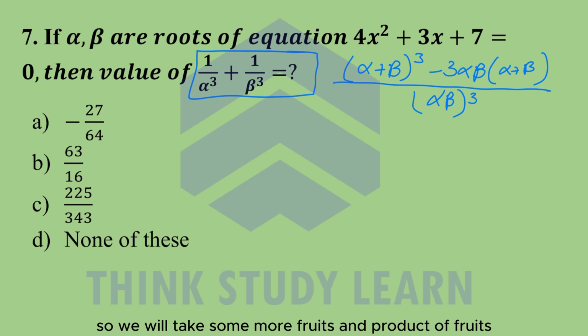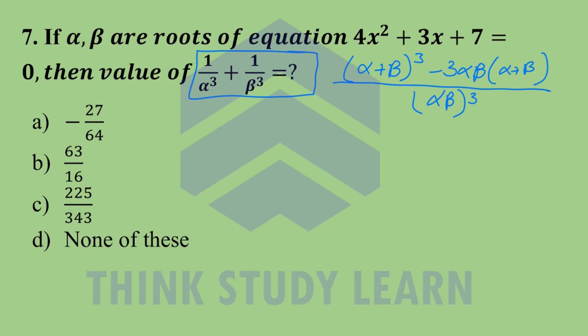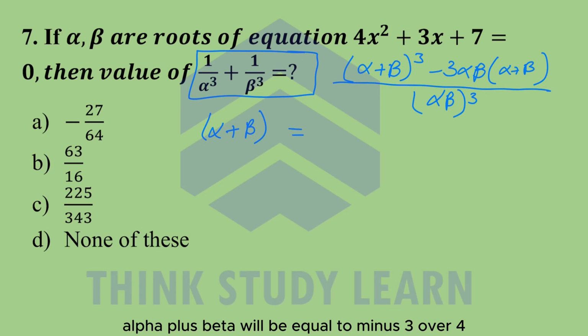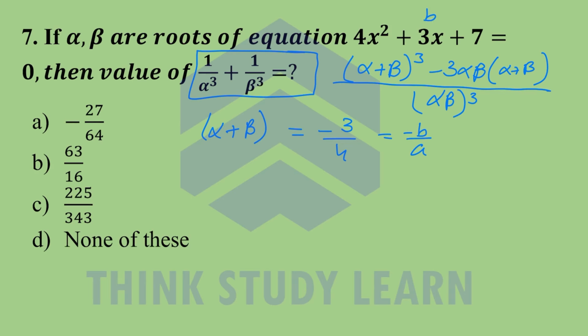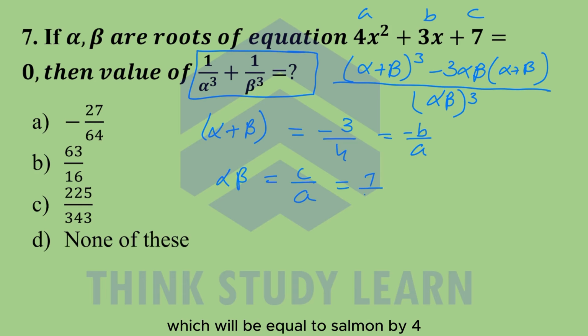So we will take the sum of roots and product of roots and put the values in this formula. So taking the sum of roots, alpha plus beta will be equal to minus 3 over 4. We know that it is equal to minus b over a. So we have put the values of b, which is 3, and a is 4, c is here 7. Alpha beta will be equal to c over a, which will be equal to 7 by 4.